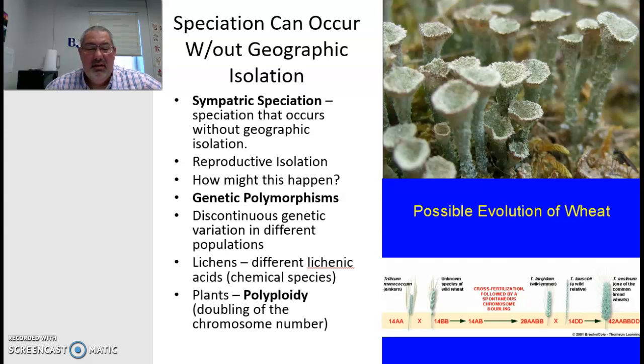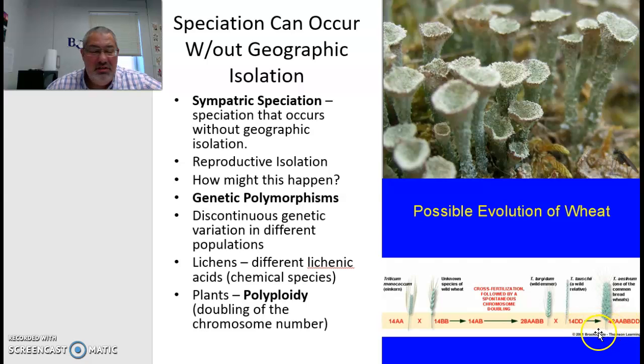In the example of sympatric speciation, I gave you a couple examples from the previous slide of breeding at different times, living in different environments, habitats, having different niches, different roles. So this slide talks of two more ways. Number one, I'll just start at the bottom. Polyploidy.